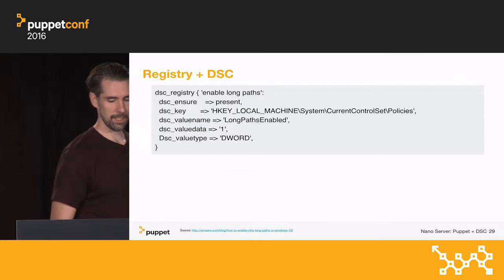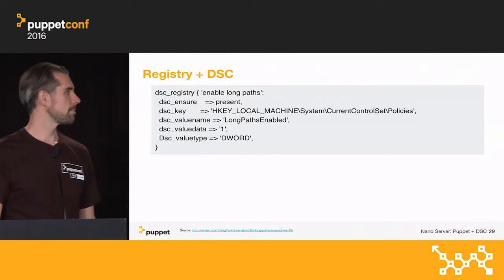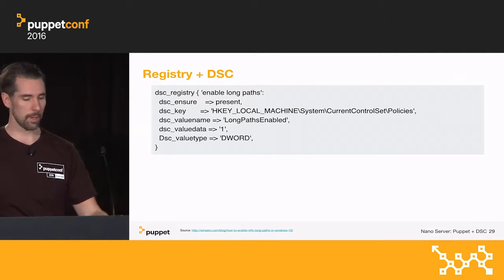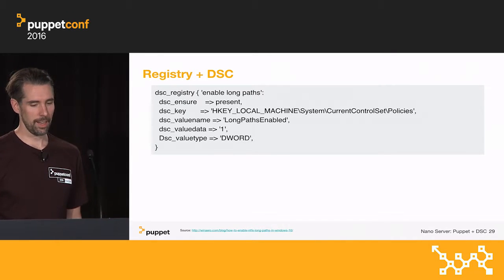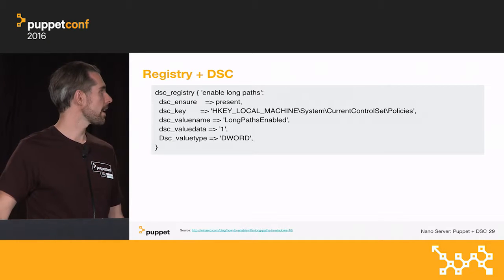As with DSC, you can do a lot of the things that you might have done other ways. For example, the registry resource in Puppet relies on some calls that aren't available anymore. The DSC registry resource is a stand-in for that.